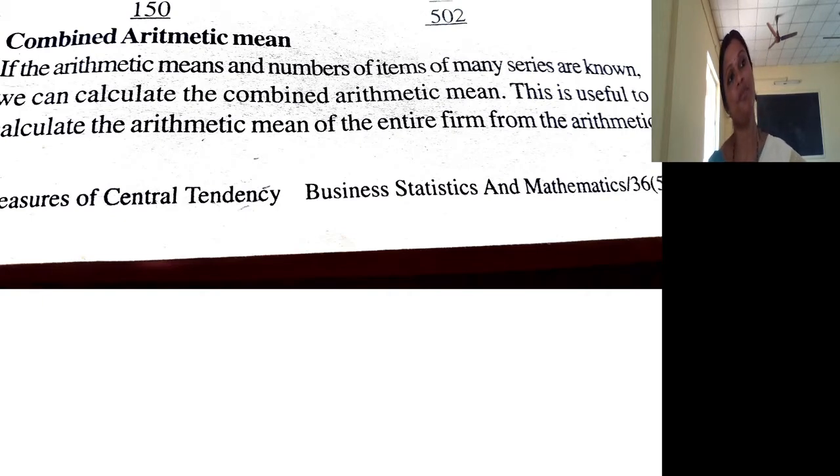If there are 6 departments in an organization, you will calculate the arithmetic mean of performance of department A, department B, department C, department D, department E, department F. Then you will add the arithmetic mean, which indicates the average performance of each department, together. That constitutes combined arithmetic mean or combined average performance of that particular firm. So this is what combined arithmetic mean is.